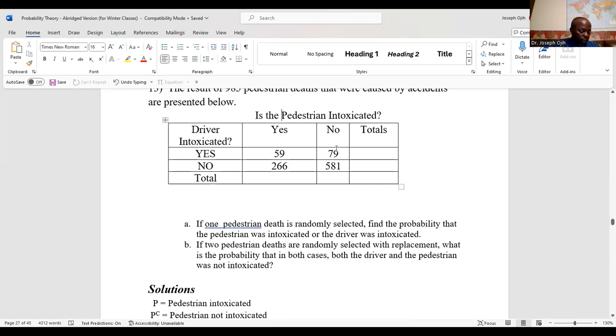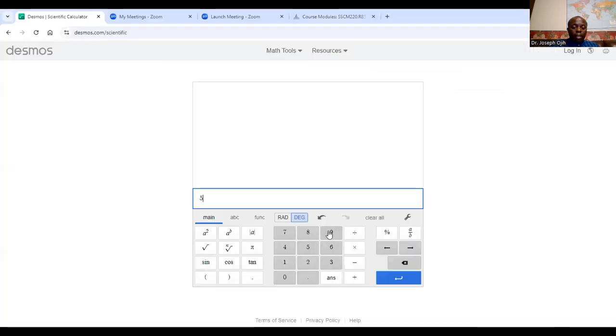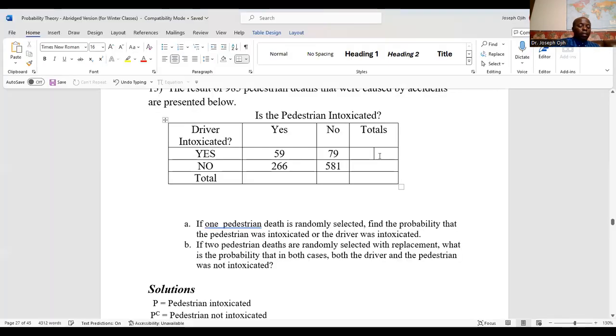You can get it from the calculator. 59 plus 79 is 138, so put 138 there.